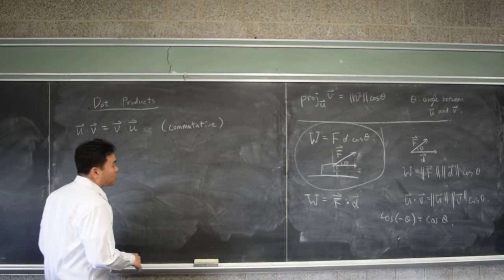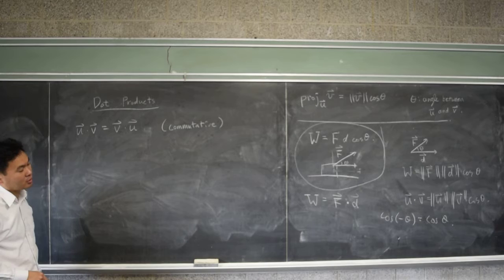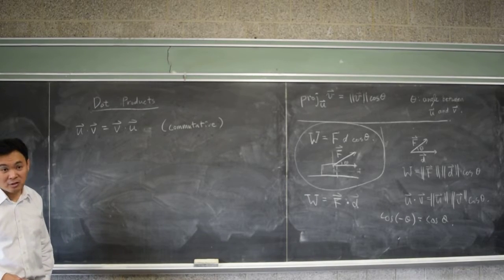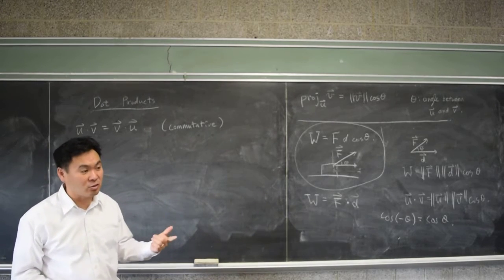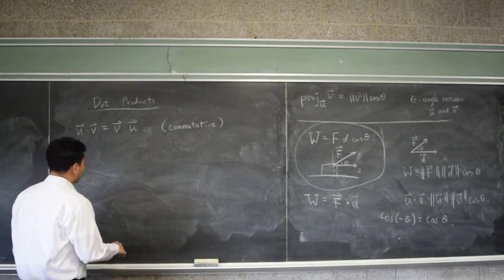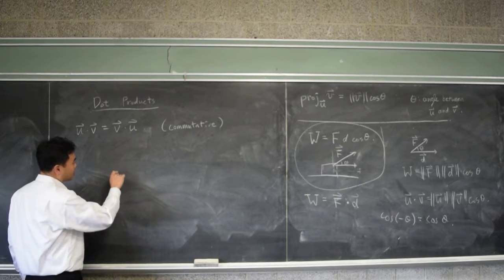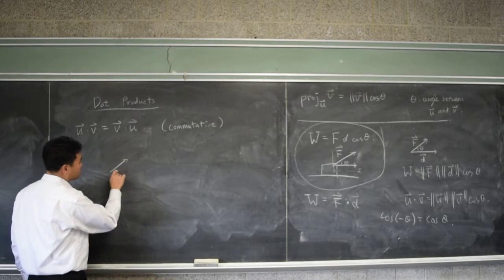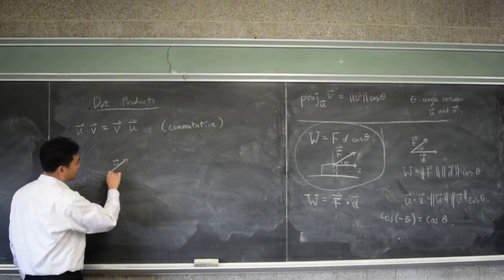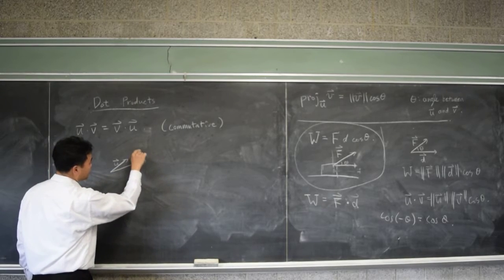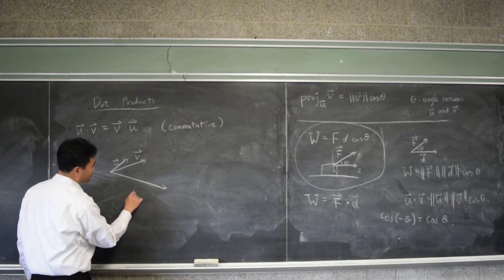Another really important property that we like is called the distributive property. A distributive property requires two things: multiplication and addition. Here's what you can think about. If you have one vector u, and let's say here's another vector v, and this is a vector w.